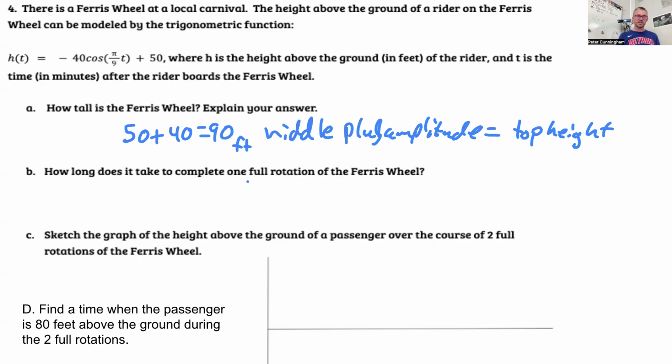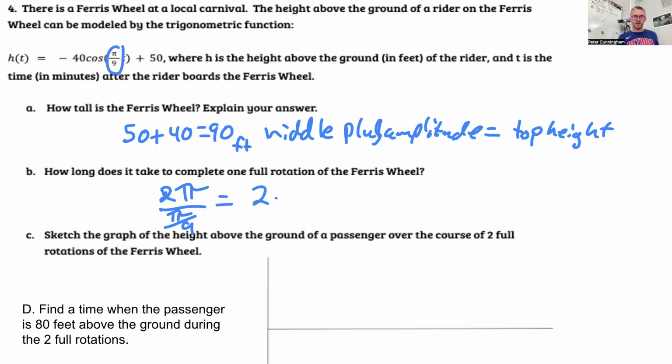How long does it take to complete one full rotation of the Ferris wheel? Okay, so what's the period that we're working with, right? So remember, got to think about our original period with the unit circle, which is 2 pi, and divide it by this little doodad right here, 2 pi divided by pi over 9. And that's a really funky thing to look at.